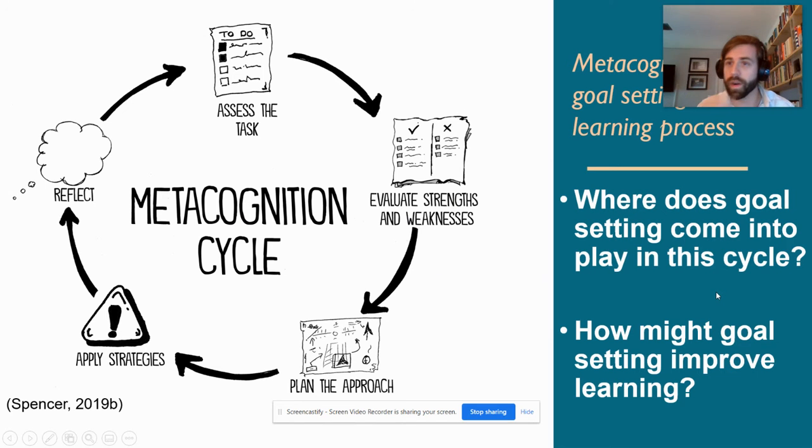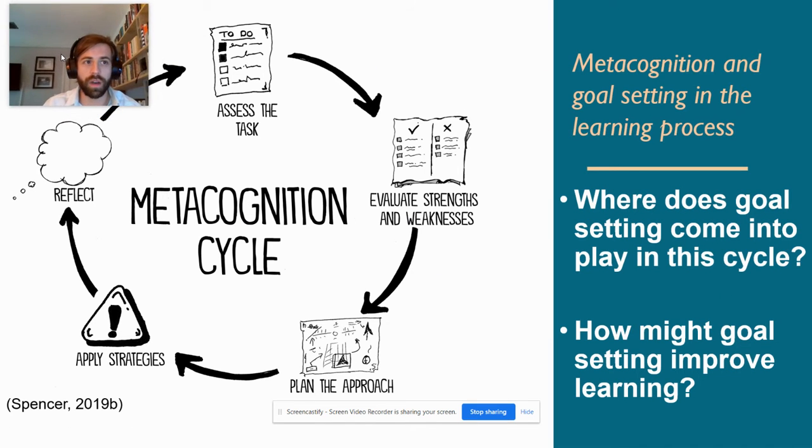So where does this goal setting come in terms of that metacognition cycle? There's two big places, if you remember from the video yesterday, where this really starts to pop up. Number one is when we start assessing the task. You have to know pretty clearly, and this is my responsibility as a teacher too, what is it that you're being asked to do and how are you being asked to show it?